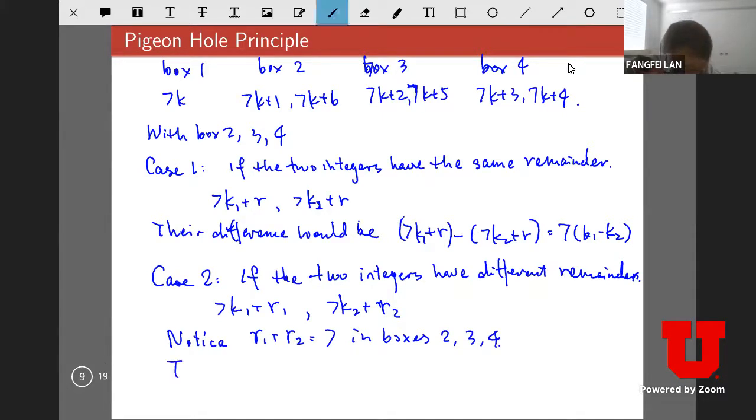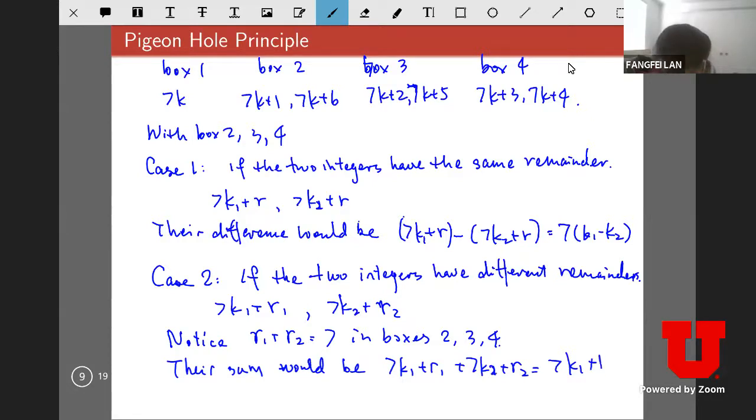So then their sum would be 7k1 plus R1 plus 7k2 plus R2. And that gives us 7 times k1 plus k2 plus 1. So their sum is now divisible by 7.